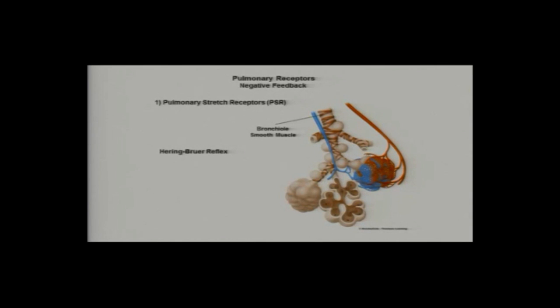Again, it's designed to protect the lungs from overinflation. So at onset of exercise, you take in a couple of really big breaths, this reflex kicks in, and all of a sudden you start taking in more shallow but rapid breaths. And then eventually your breathing might normalize as you warm up and get into the exercise.